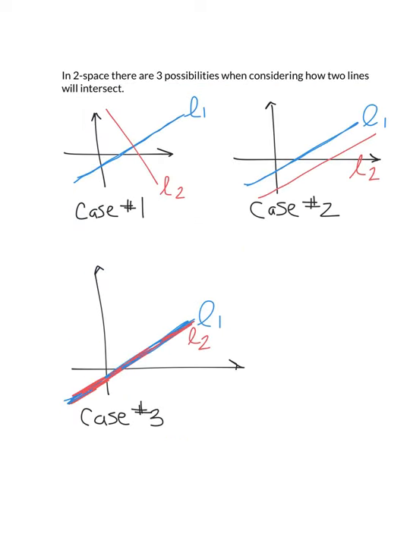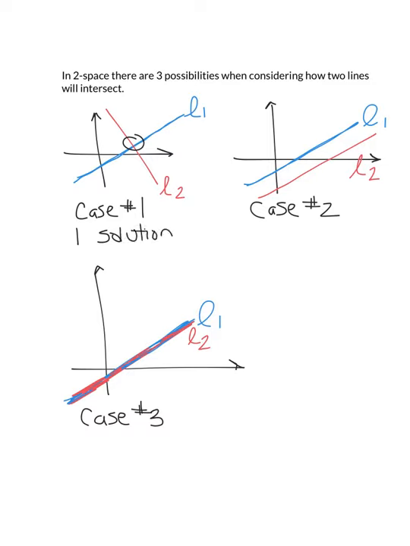So before moving on, I just wanted to quickly refresh your minds. In two space, there are three possibilities when considering how two lines will intersect. Case number one here, I have line 1 and line 2, and they're intersecting at one single point. So in this case, we would have one solution.